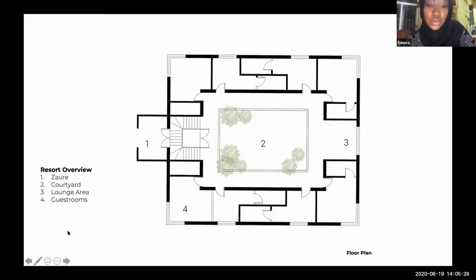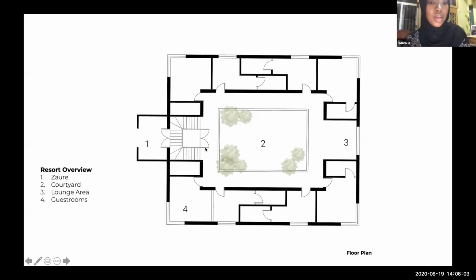So this is a zoomed in view of the plan. This is one of the general, larger residential villas. So I have the Zaure on the outside, where if some service is being provided, they wouldn't want to immediately go into the inner quarters of the guests, so they could be announced there or wait to be escorted into the building.